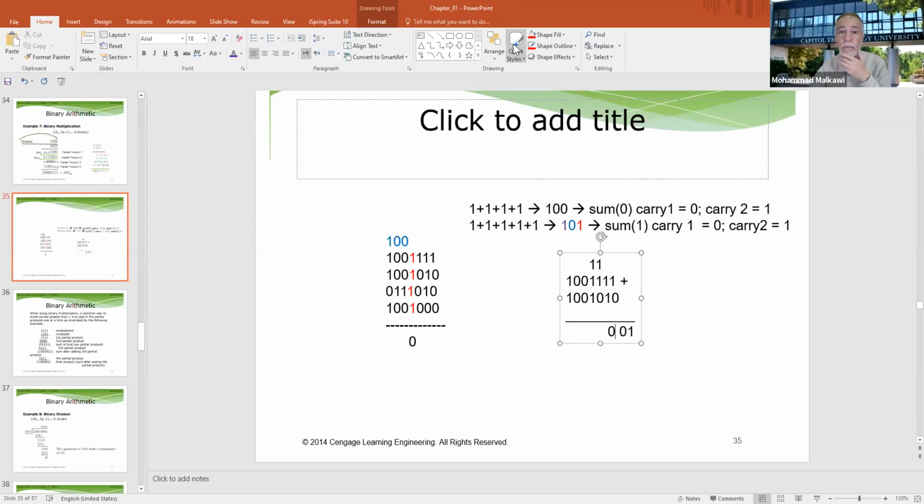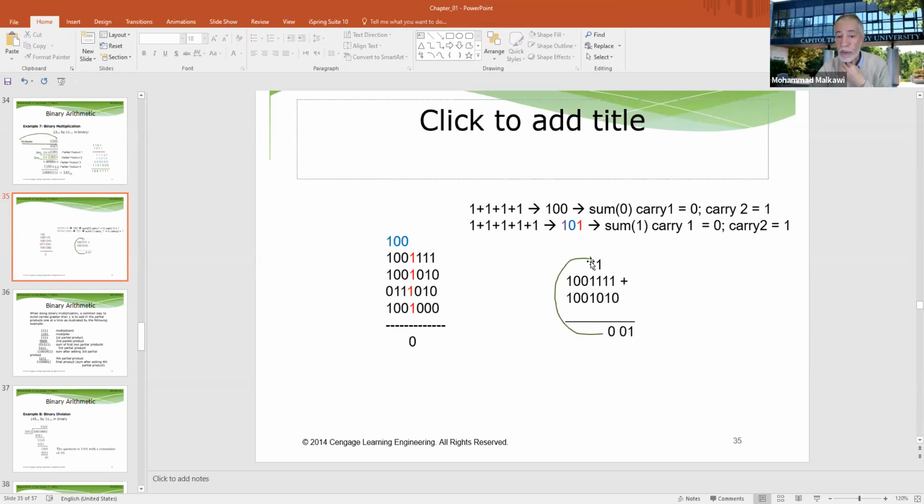I have the 0, and the carry from here goes all the way right here. That's my carry. It comes 1. And now I have 1 plus 1 plus 1. That's the absolutely maximum numbers which I have.